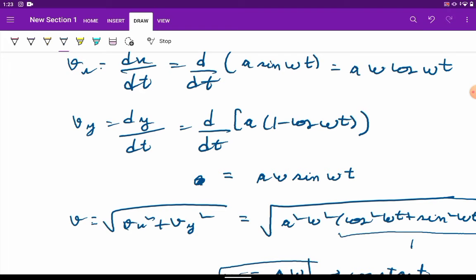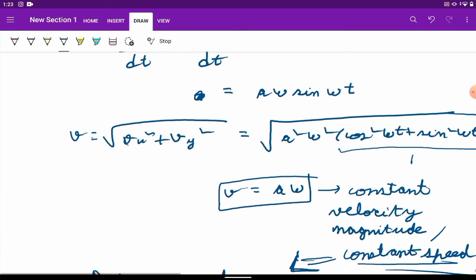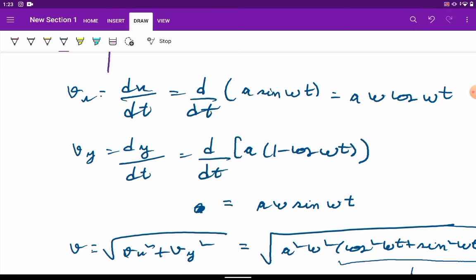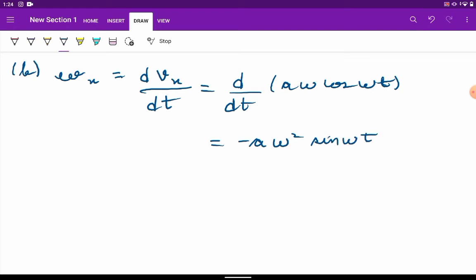So we already have vx and vy. So your acceleration wx will be equal to dvx by dt, and we already know that vx is a omega cos omega t, right? The differentiation of cos gives a negative sign, so it becomes minus a omega square sin omega t.